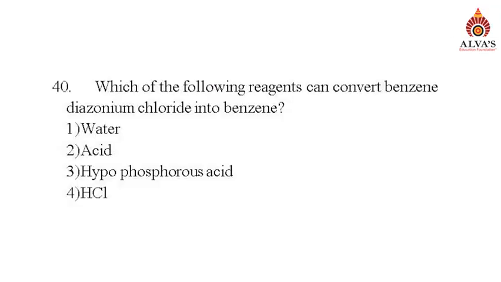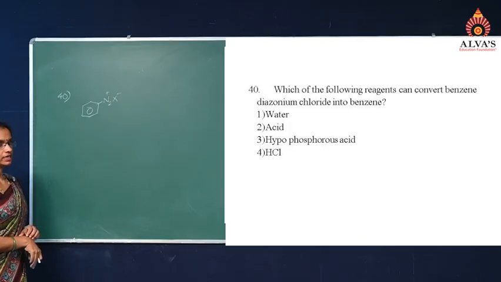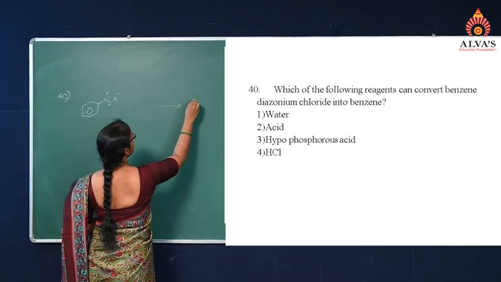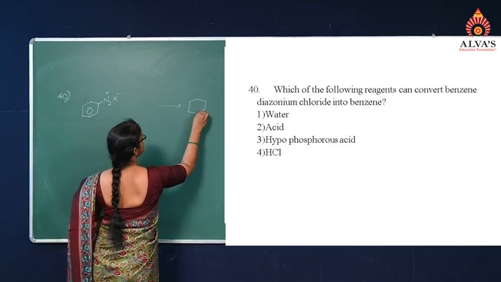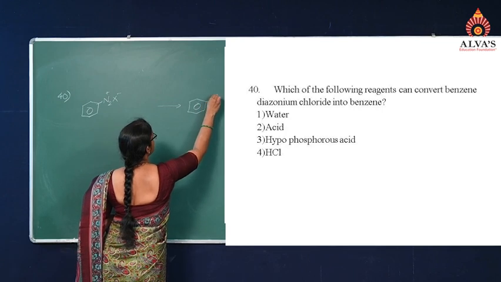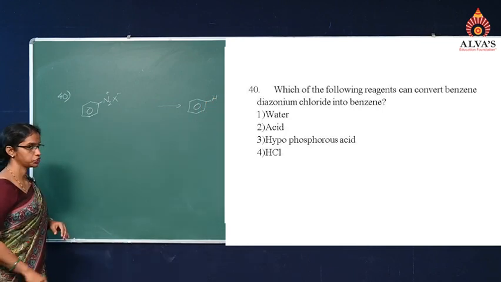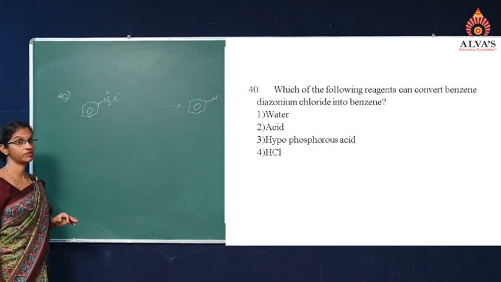Question number 40. Which of the following reagents can convert benzene diazonium chloride to benzene? Now, benzene diazonium chloride is a benzene ring with N2+ and X-. It has to be directly converted to benzene. So, that means a hydrogen must be attached to the benzene ring. This is an example of reduction.